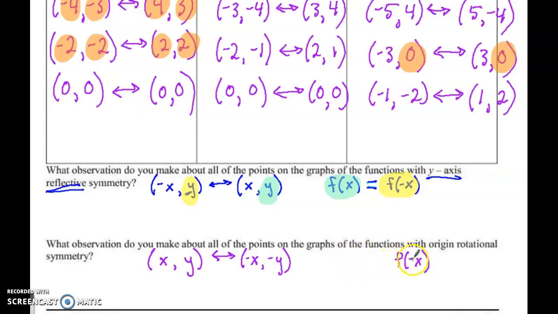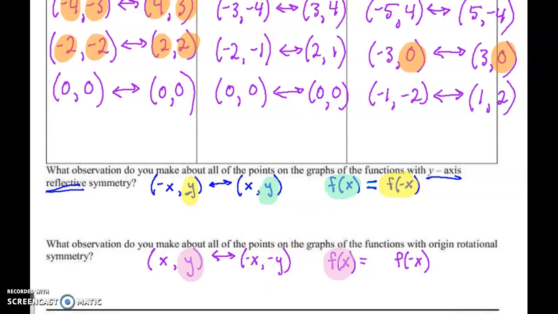So how we typically see this written, sometimes what we'll write is, this function would be f of x is equal to, now as a reminder, so I'm not trying to confuse you, that f of x is the y value for x. So what is f of negative x? We also have to change the sign of y.